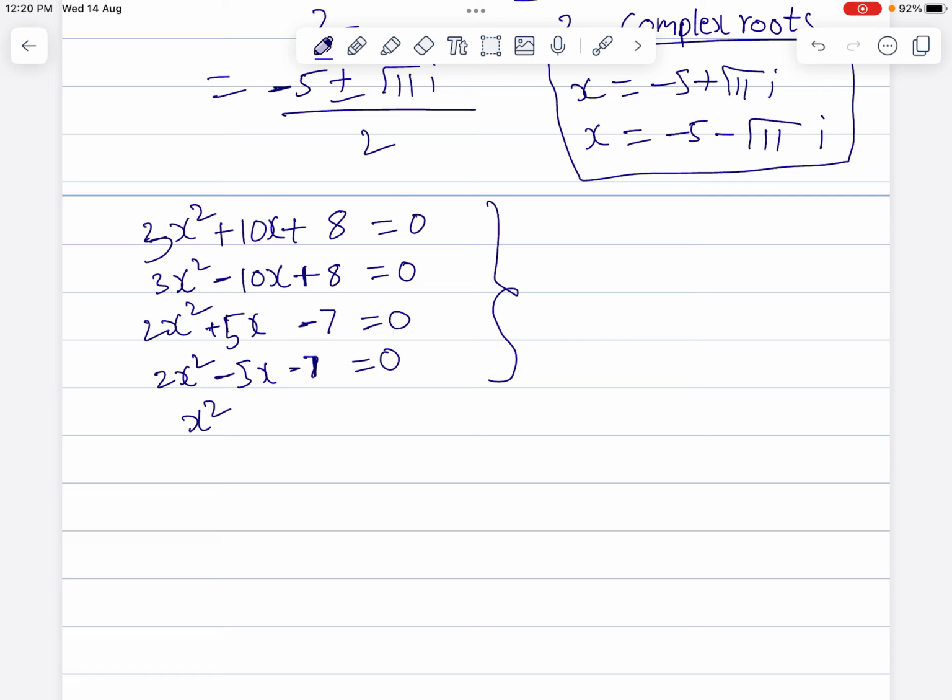In these 3 cases, you solve by factorizing ac.